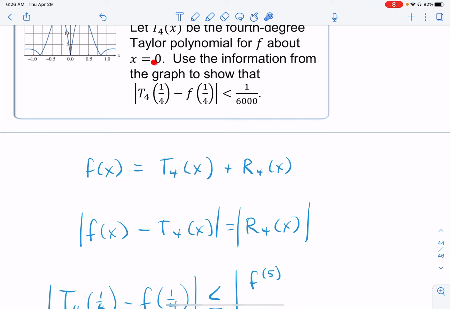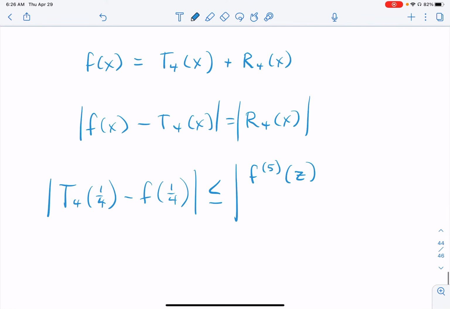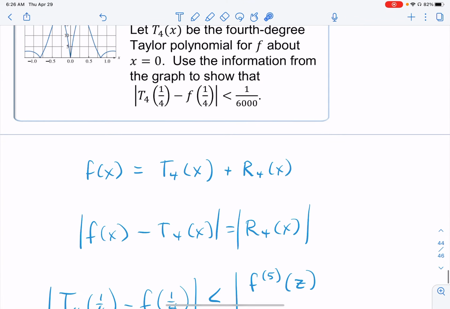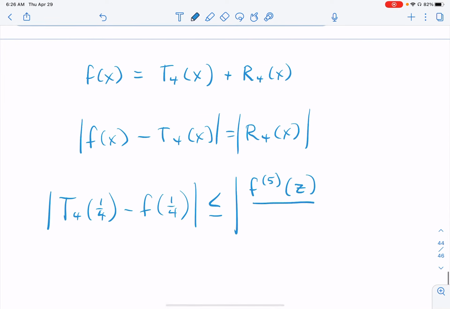The center point is where you usually evaluate all those derivatives, in this case 0. This one is going to be at some value z, and remember that z value is someplace in between 1/4 and the 0 where we're centered, over 5 factorial times x minus c, but our c value is 0, so x to the 5th power. That's a 5, guys. See, look at that, it's a 5.